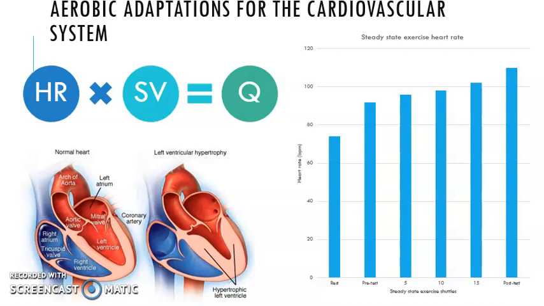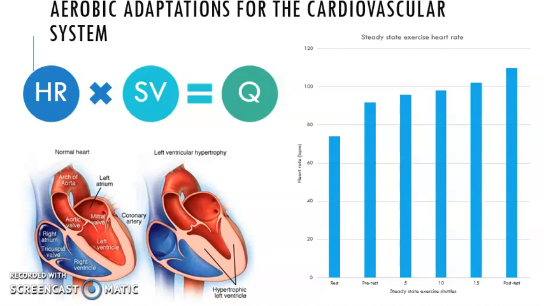Aerobic training can also lead to capillarization, which is an increased number of capillaries. This means that there is an increased surface area and therefore makes it easier for oxygen and carbon dioxide to diffuse from the muscles. Endurance training can also lead to a decrease in cardiac diseases such as coronary heart disease.